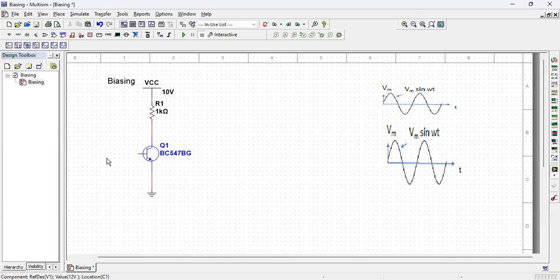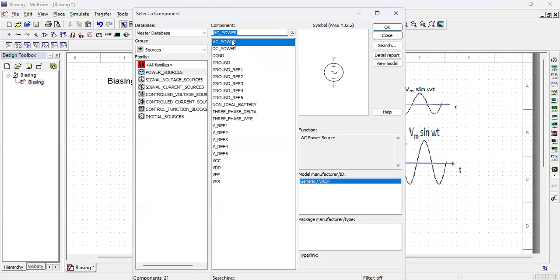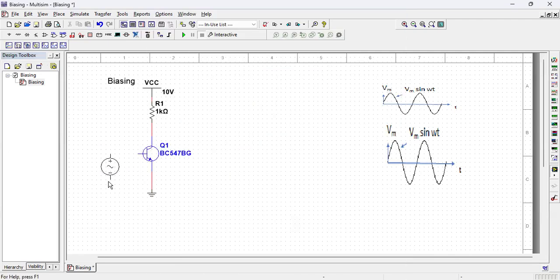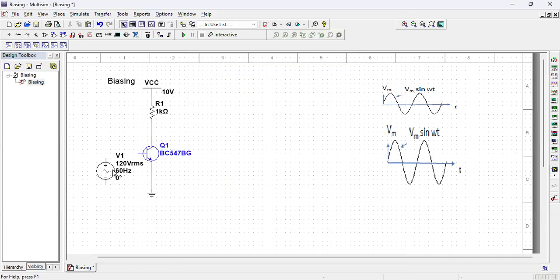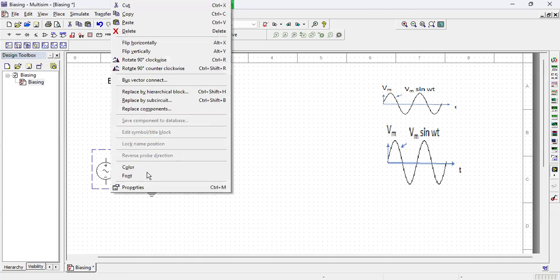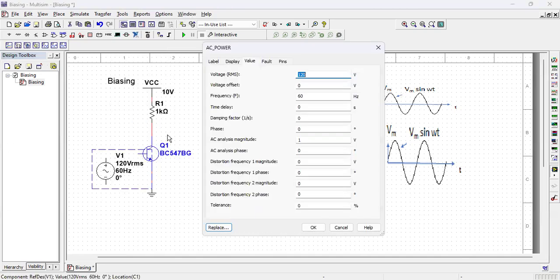We have to get a signal source, an AC power source, here. And I remove some of what is written here, because all this writing will make it cumbersome.